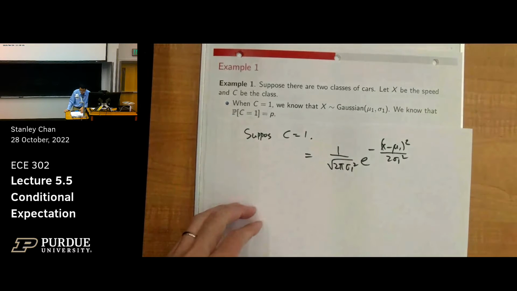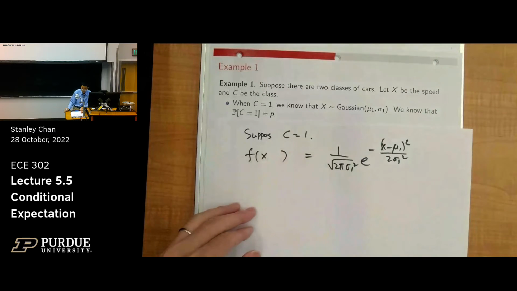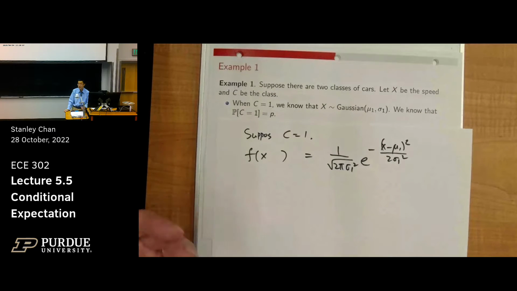But what is it? Is it f of x? Now, x is the speed of any car. I give you this formula, Gaussian, for the first class. Is this f of x, or is it x given class 1?